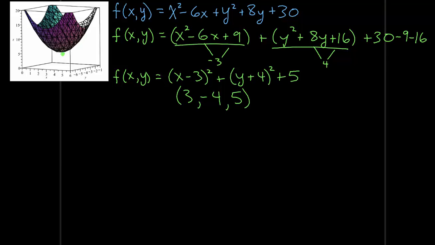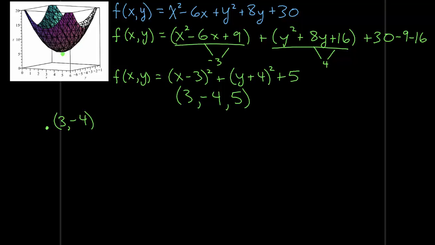And when we talk about a minimum here, a local minimum, what we're saying is if you have a disk down here, I'm saying this point 3, -4 is a minimum that occurs there.